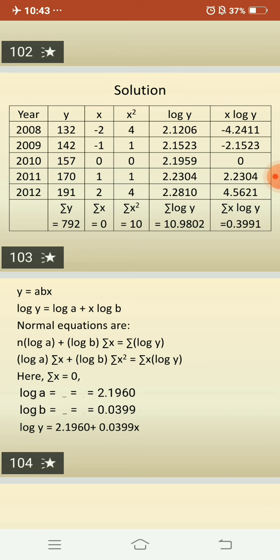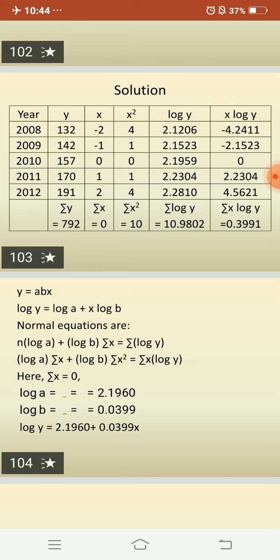After substituting n and the summation of log y values, you take the right side and log a equals summation of log y divided by n, which equals 2.1960.